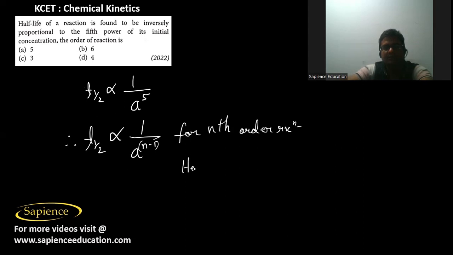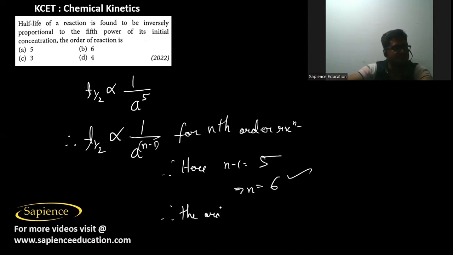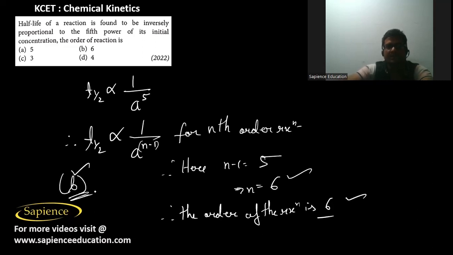So here I can say that n minus 1 will be equal to 5. So therefore n will be equal to 6. So it is a sixth order reaction. So option B is the correct answer.